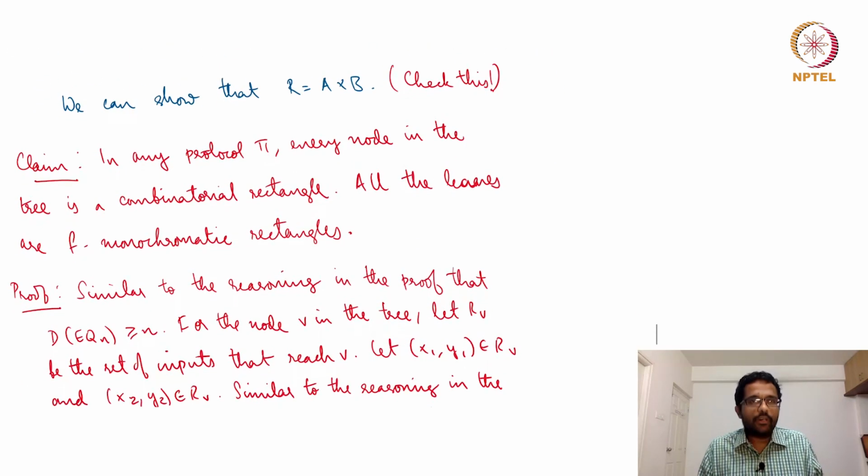In any protocol, every node is a combinatorial rectangle. And further, all the leaves are monochromatic, meaning the function value is the same at all points of a leaf. In a leaf, either the function value is all 0 or all 1. You cannot have one point of the leaf with f(x, y) equal to 0 and another point of the same leaf with f(x, y) equal to 1.